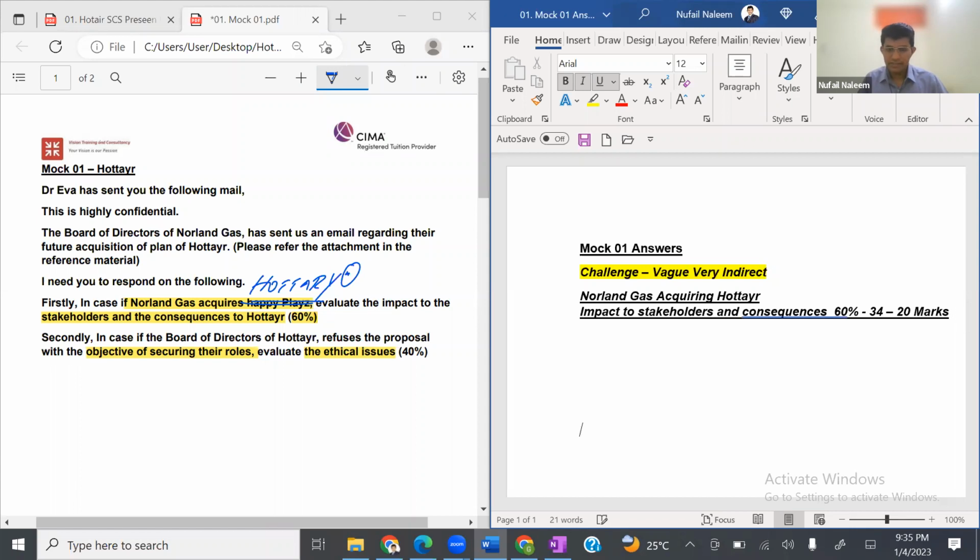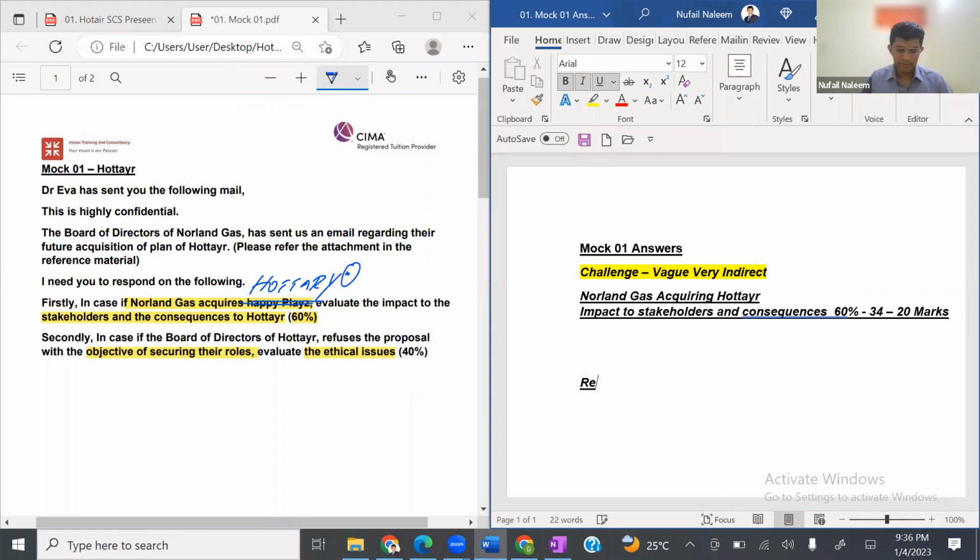And then students, I'll come to the second one. Secondly, in case the board of directors of Hottayr refuses the proposal with the objective of securing their roles, that means they are somewhat trying to avoid this, but the intention is not the shareholders', it is to secure their own position.